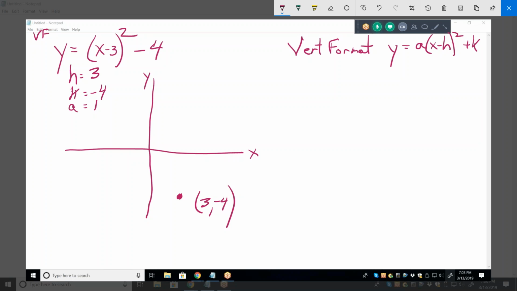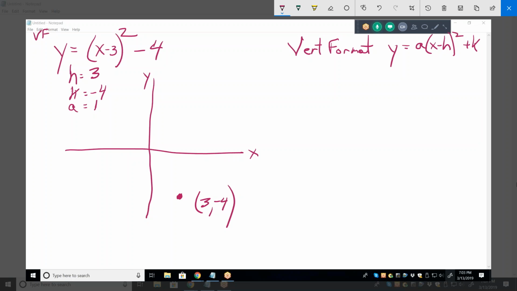Let me tell you the easiest point to find. It's going to be the y-intercept. What is x going to be on the y-intercept? 0.